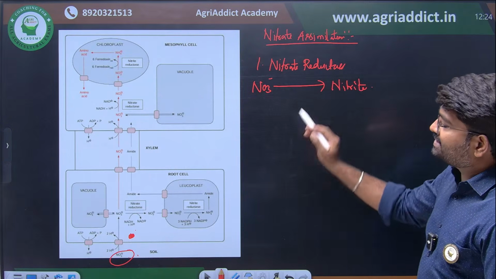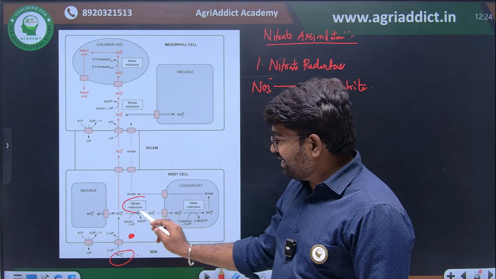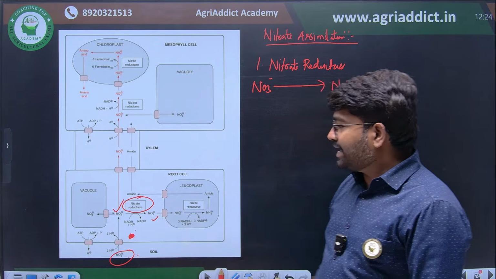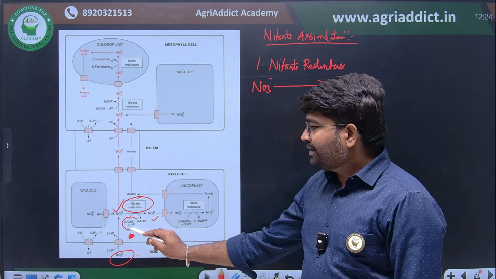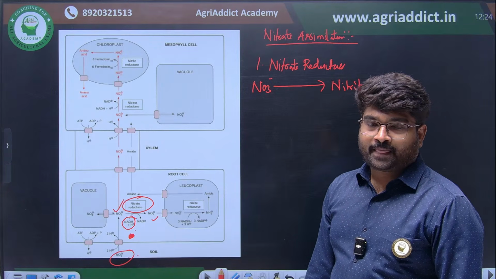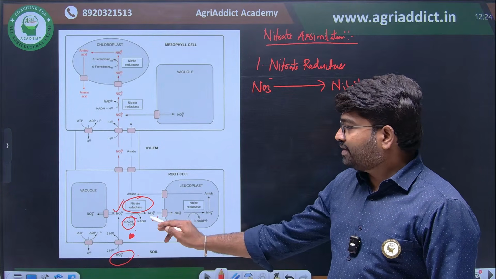This will be present in the cytoplasm. You see here in the cytoplasm, nitrate reductase is converting NO3 minus to NO2 minus. Here it is utilizing NADH as an electron donor. Electron source is from NADH. So it converted nitrate into nitrite.